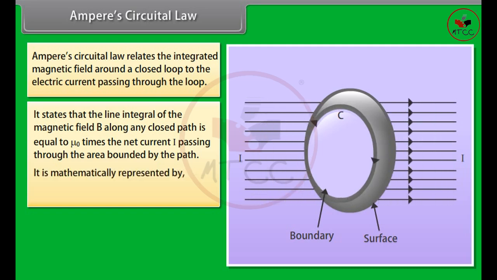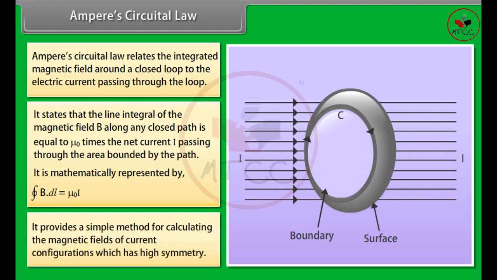It is mathematically represented by closed integral of B dot dl is equal to mu naught I. It provides a simple method for calculating the magnetic fields of current configurations which have high symmetry.